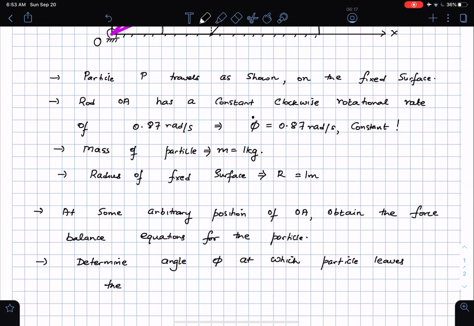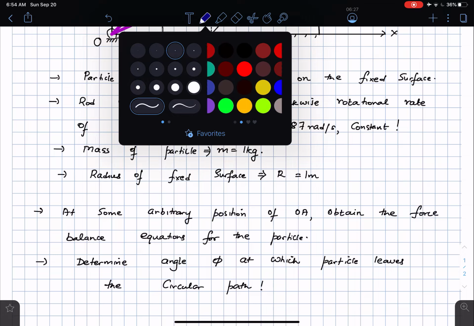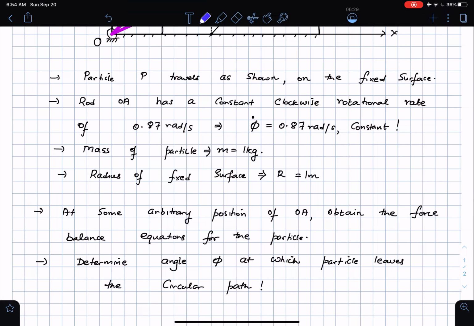Okay, so a couple of key things here. At some arbitrary position of the rod OA, we need to obtain the force balance equations, which means that we need to choose a coordinate system and then we need to sum forces in both the directions. It's a two-dimensional problem, of course.